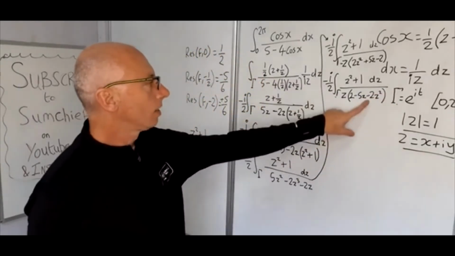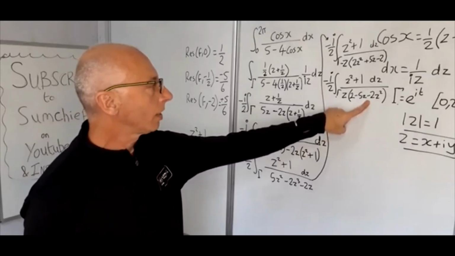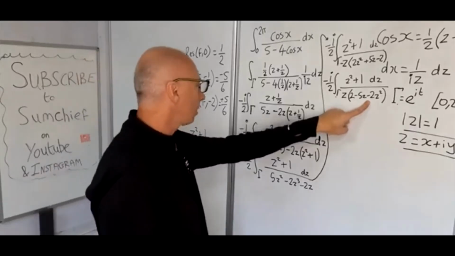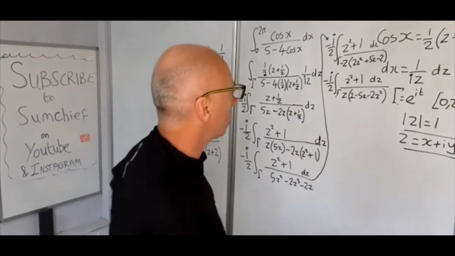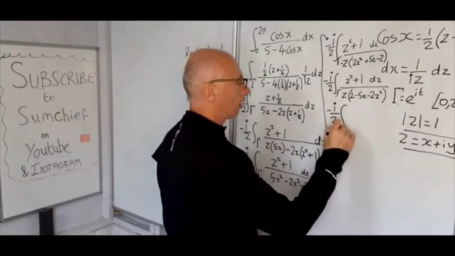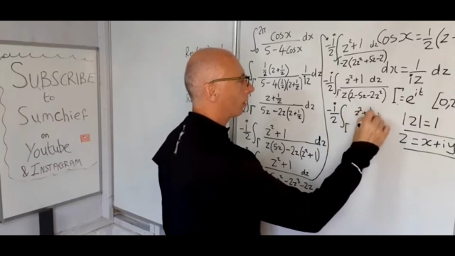Okay, so if we factor this out, we're going to get a 2z and a 1 and a single z and a 2. So let's just have a look, see what we can get to there. So on gamma, z squared plus 1 dz.